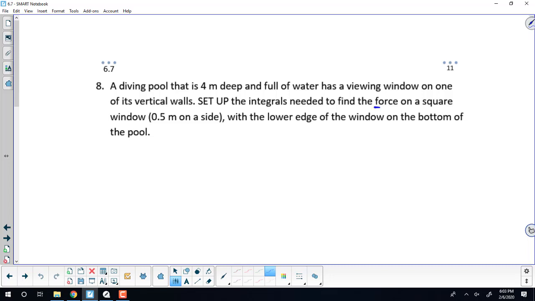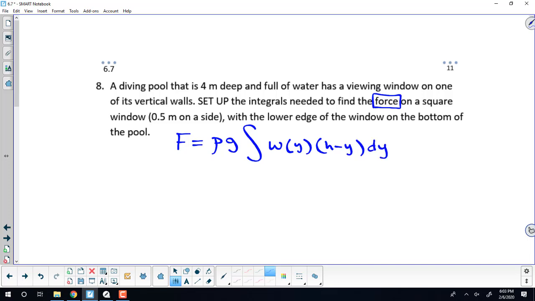So to find the force, we're remembering this equation: density times gravity times the sum. We've got our integral. We have the width function, the height of the lift function h minus y, and dy. So we need to find w of y and h of y.